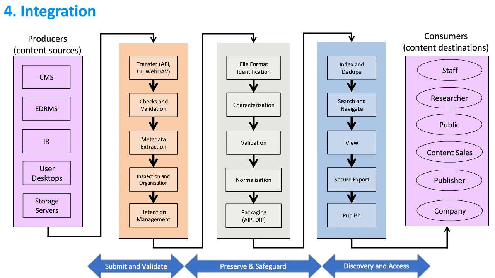So in this diagram, there are sources of content on the left, which includes people and systems such as institutional repositories or content management systems or asset management systems or storage servers. And there are people who want to use that content on the right at some point in the future, and for a range of applications and uses.